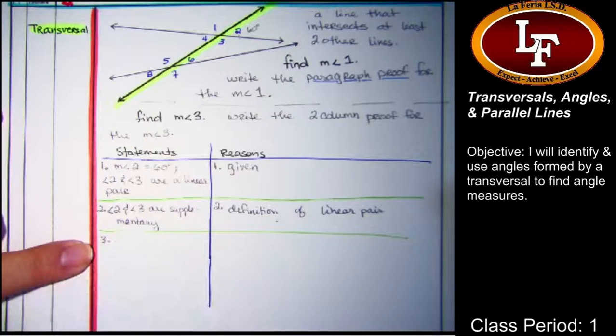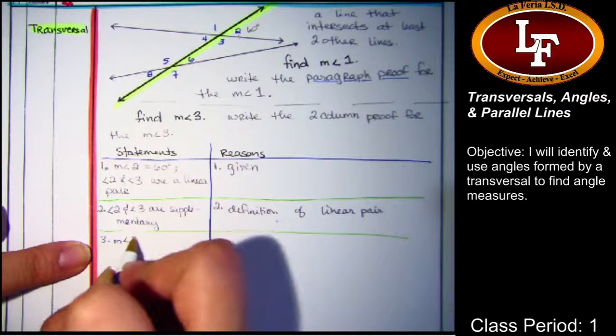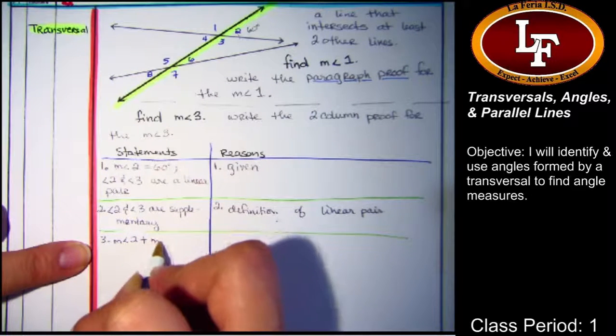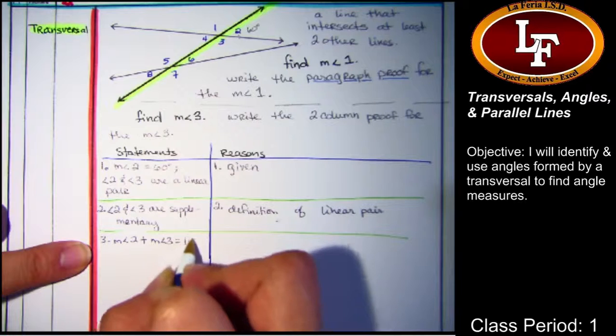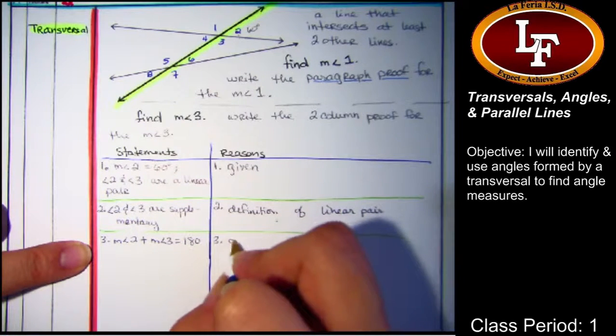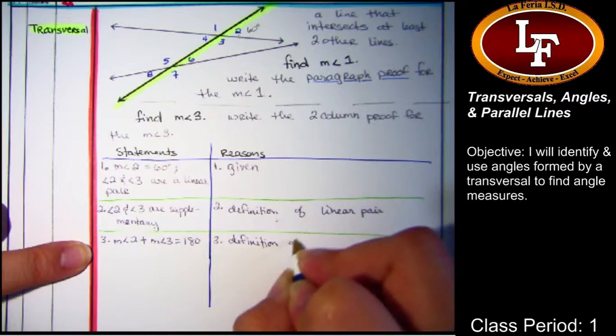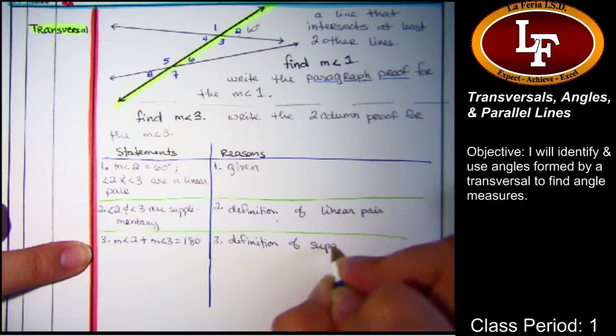Because they're supplementary, we know their measures add up to 180. So the next line is: the measure of angle 2 plus the measure of angle 3 equals 180. And this is the definition of supplementary angles.